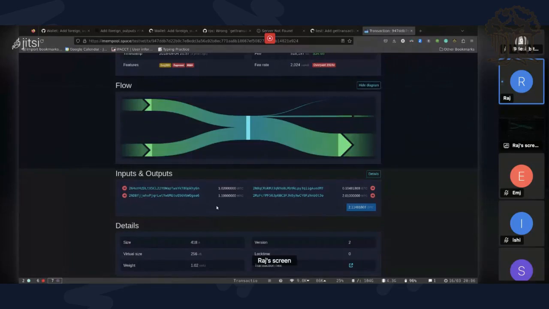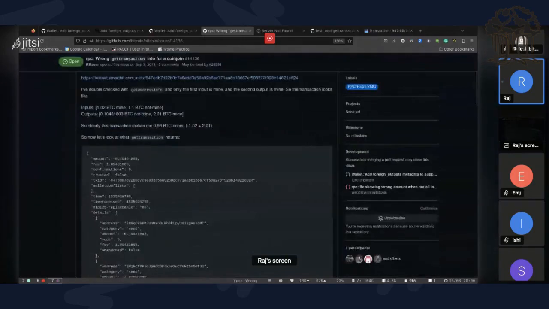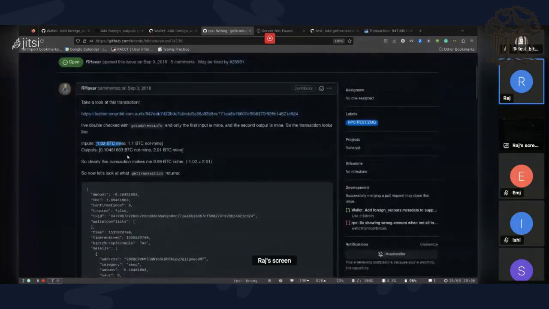So what this issue is saying is, take a look at the transaction: the input is 1.02 BTC, which is mine, and 1.1 BTC, which is not mine, an input that is coming from somewhere else. And the output is 0.1 to not mine and 2.1 to mine. Right.